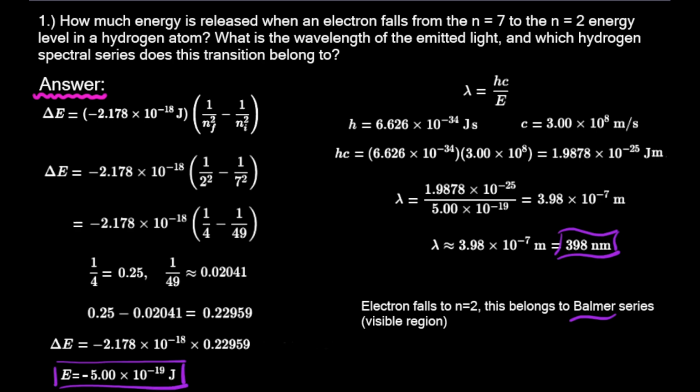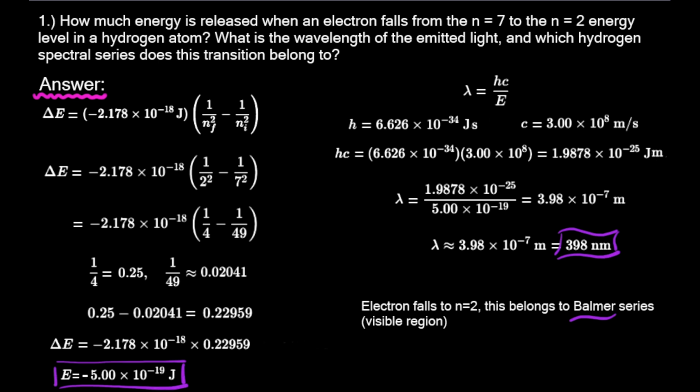When we plug in the constant, h equals 6.626 times 10 to the negative 34 joules times seconds, and c is equal to 3 times 10 to the 8 meters per second. So h times c is equal to 1.9878 times 10 to the negative 25 joules times meters.